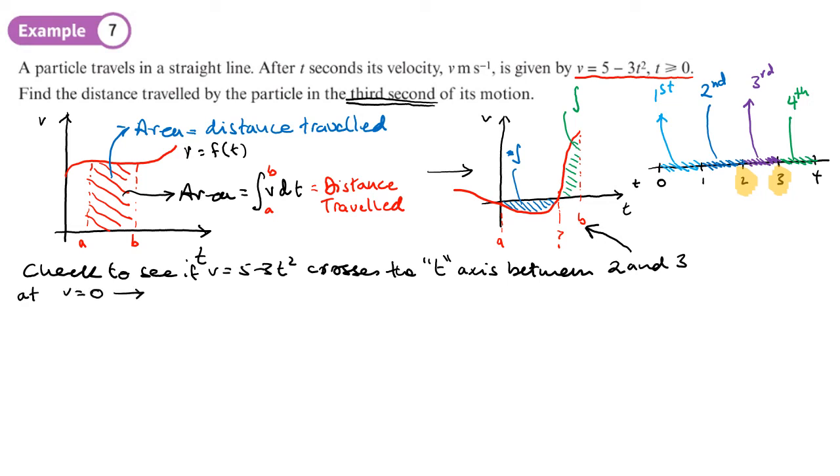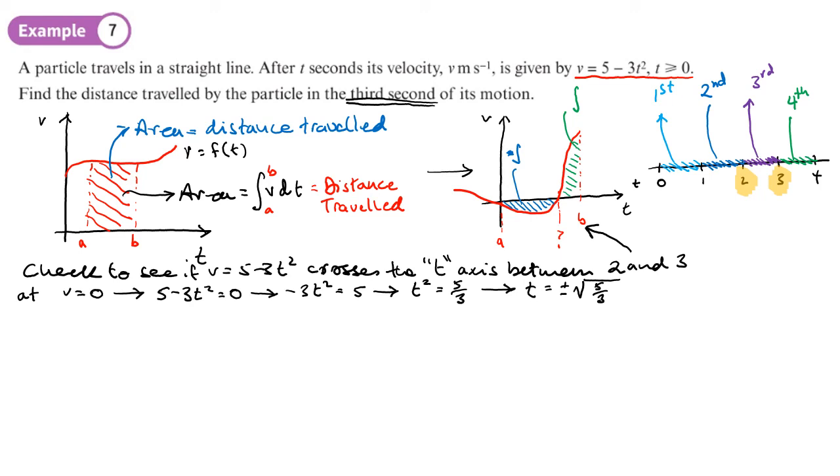So this is the t-axis. We'll get 5 minus 3t squared equals 0. So that will give us minus 3t squared equals minus 5, which will give us t squared is 5 over 3, which means it crosses the axis at either plus or minus root 5 over 3. Now let's work out what that number is and see if it's between 2 and 3.